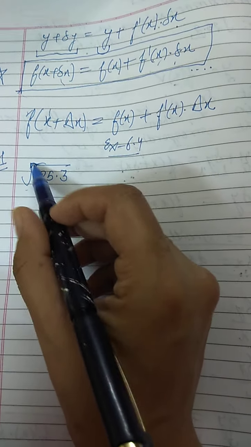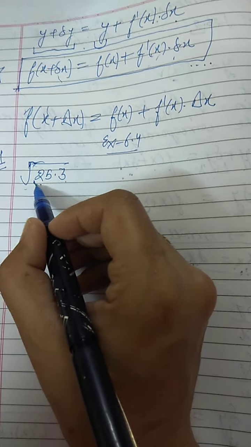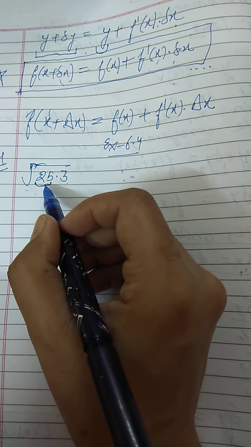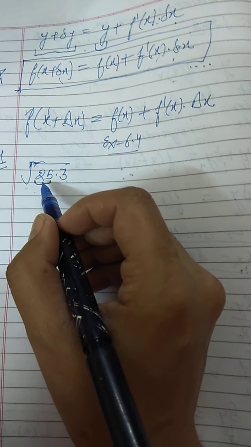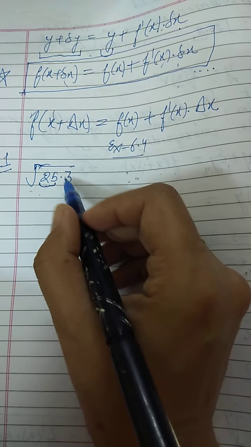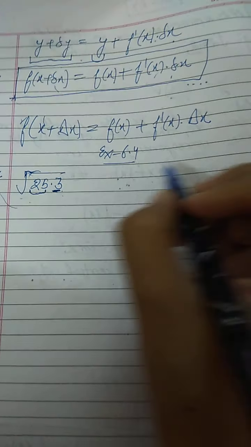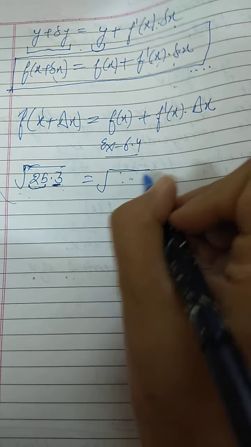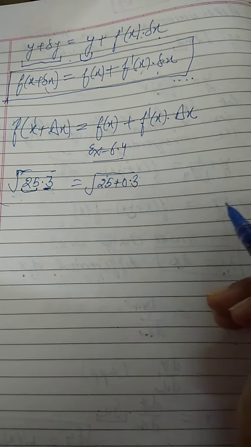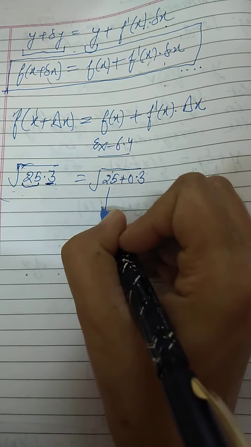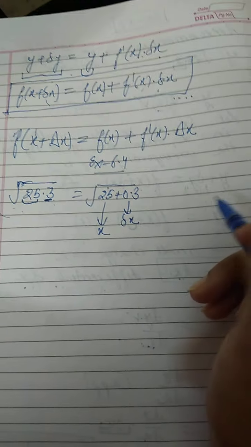And inside the square root function, what is the value given? 25.3. 25 is the number for which I know root 25, it is 5. So that we will take as x. What is the change in x corresponding to which we have to find the value? It is 0.3, right? So first of all, I will write this down as 25 plus 0.3. Now this 25 is actually x, and this is our change, delta x.